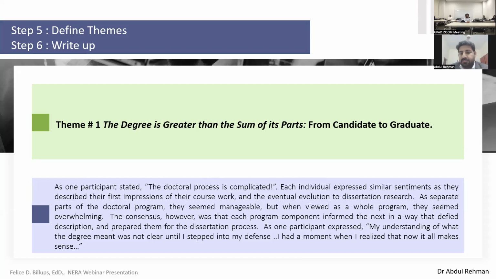Each individual expressed similar sentiments as they described their first impressions of their coursework and the eventual evolution to dissertation research as separate parts of the doctoral program. They seemed manageable, but when viewed as a whole program, they seemed overwhelming.